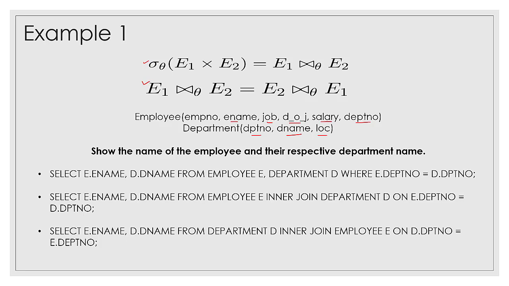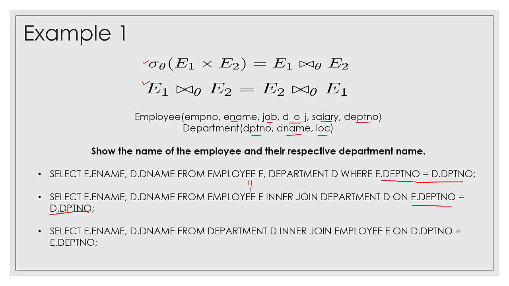So this query I have solved in 3 different ways. Now in the first one we are going for the cross product and selection on this condition. This is my theta. In the second one we are going for the theta join approach. This is my theta. So as we know from this equivalence expression, we can say that these two are equivalent.